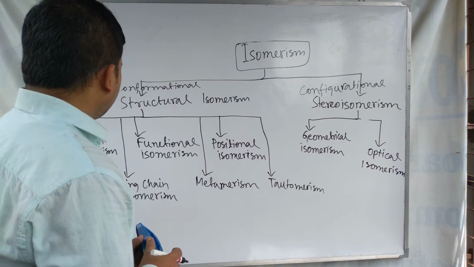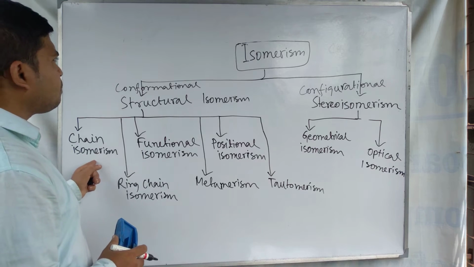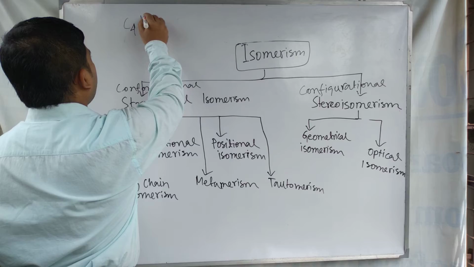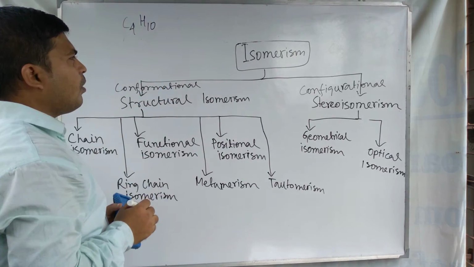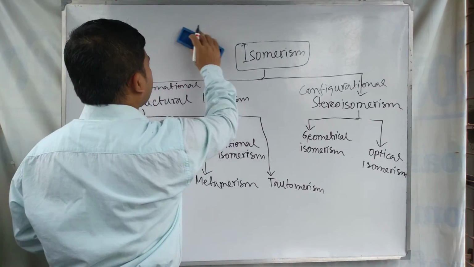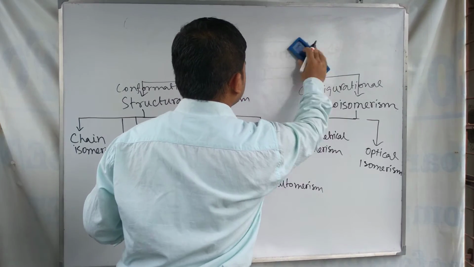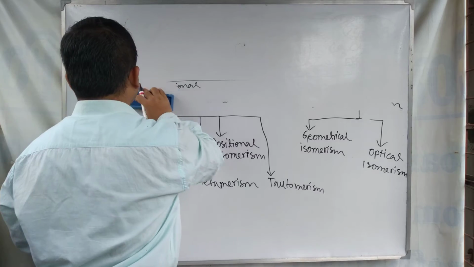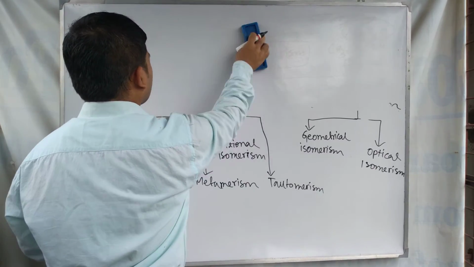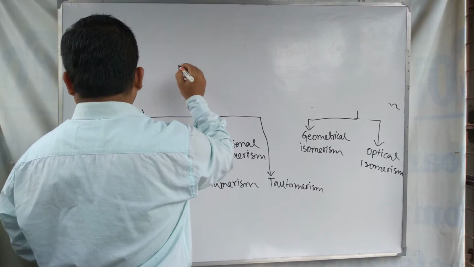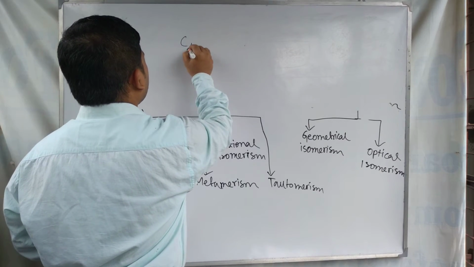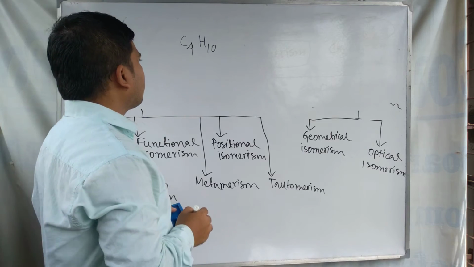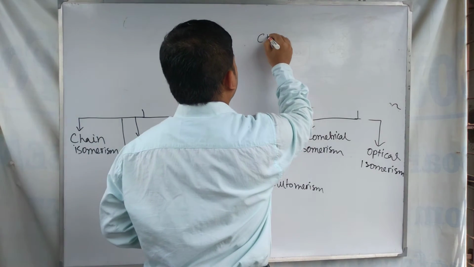At first, let us talk about chain isomerism. For example, C4H10. Using this molecular formula C4H10, we can draw the structure.